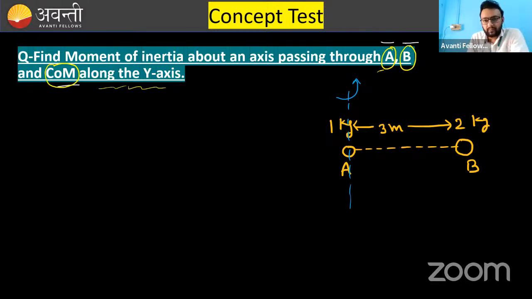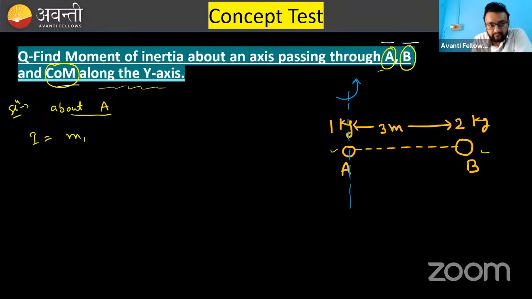Okay, so first about A. What is the formula for moment of inertia? That is I equals, how many particles or masses are there? You will say two masses are there. So we will write m1 r1 square plus m2 r2 square.